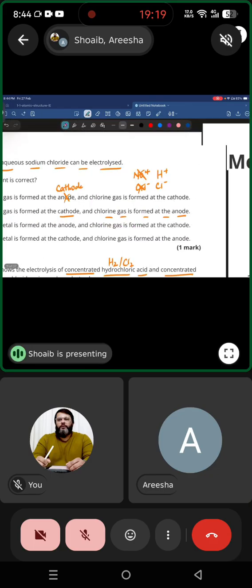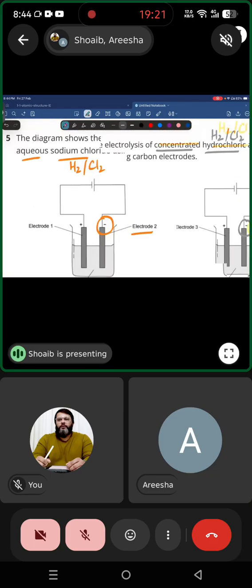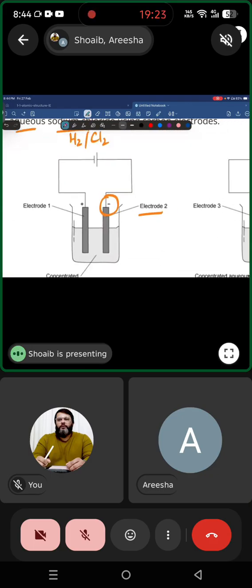Let me show from the diagram now. Here's the diagram. Okay. This one is a positive terminal. This one is a negative terminal. So the electrons are depositing here. Sorry, I made a mistake in the diagram.